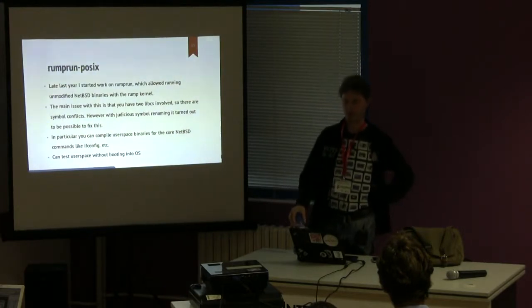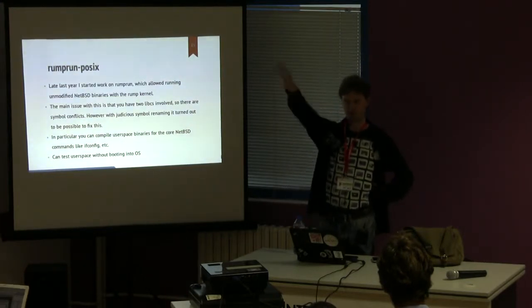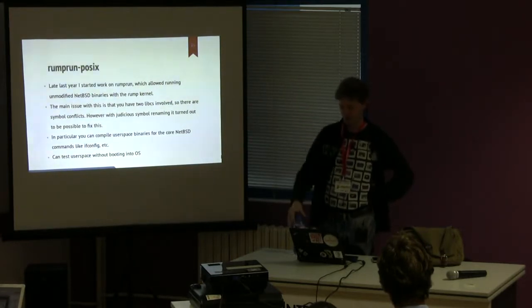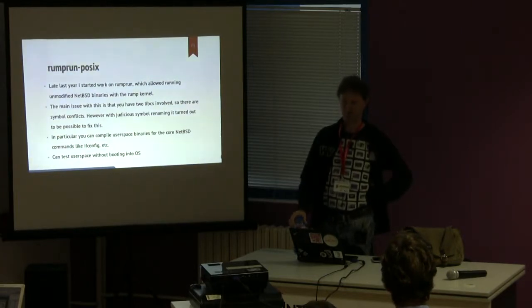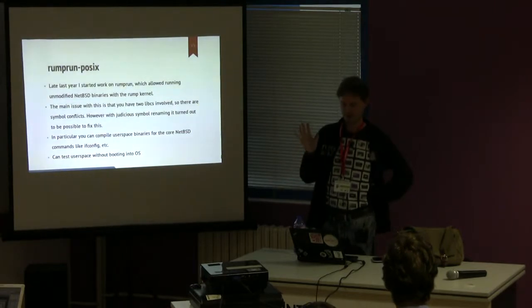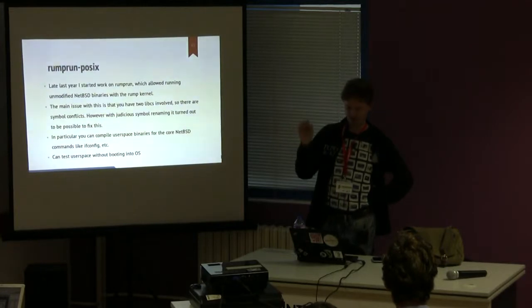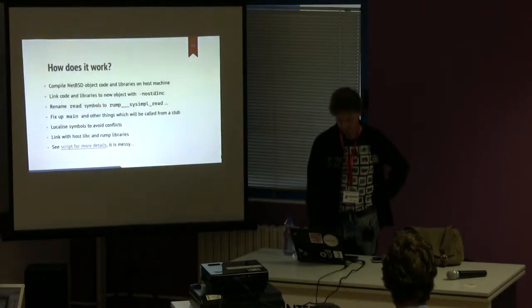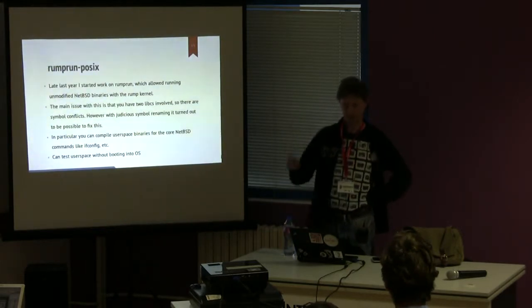One set's supposed to be talking to the rump kernel, one set's actually talking to your real kernel, and obviously this is a big mess. If you just try and link your programs together, it's just not going to work. So I came up with a scheme that does work, which basically does a whole bunch of symbol renaming, and I'll tell you exactly in a minute.